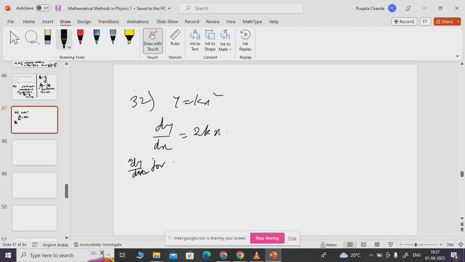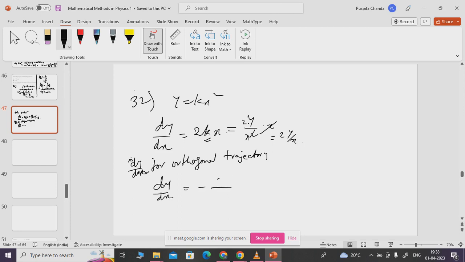For question 32, y is equal to kx square. So dy/dx will be 2kx. So for dy/dx for the orthogonal trajectory, here we need to remove k.